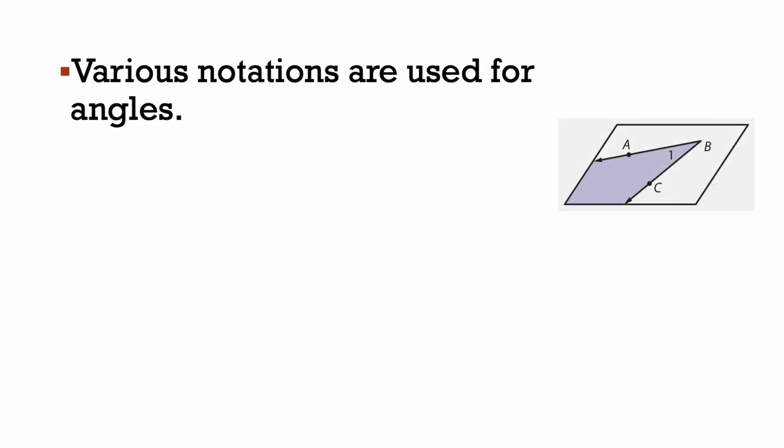There are a few different ways we can call angles. I have the 4 different ways here. We can call this angle ABC, and we do that by following A, B, C. We could also call this angle the opposite way. We can start at C, CBA.